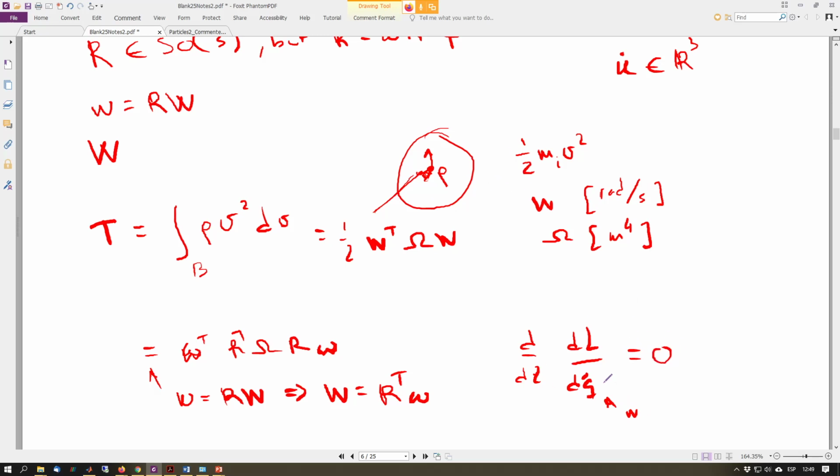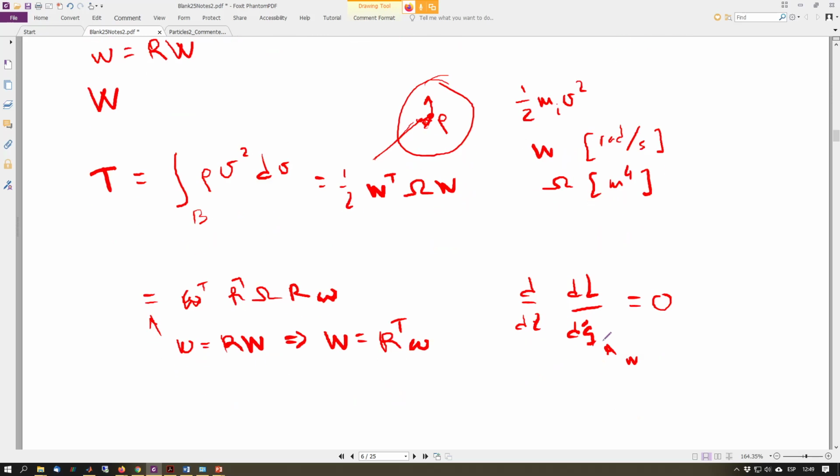So our Euler-Lagrange equations are simply stated like that, since L is kinetic energy minus elastic energy. In our case for the rigid body, it's just T. So in fact, it is the time derivative of T with respect to our omega. This should be equal to 0.